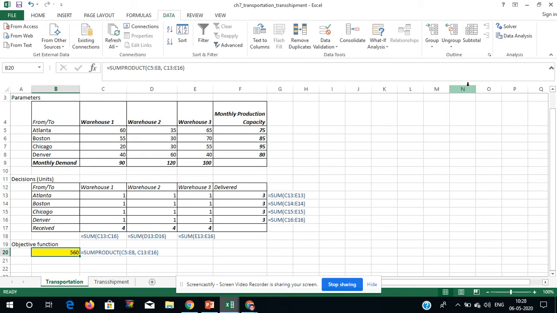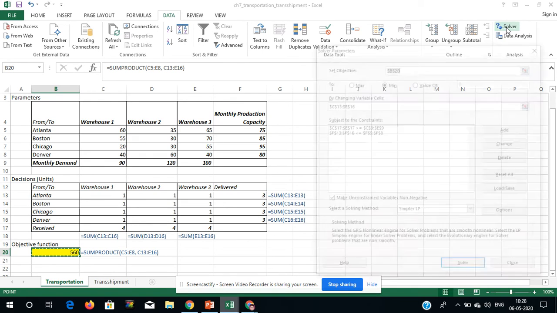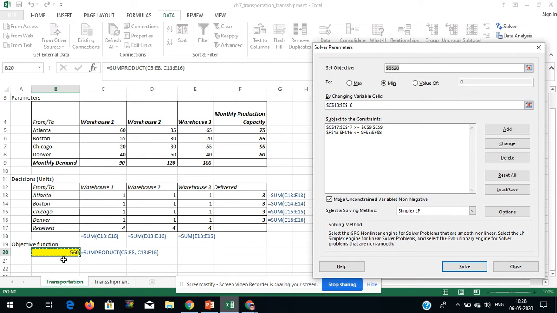So now let me see if I can solve it using the solver. Yes, this is my objective function. I want to minimize this total shipment cost, that is the shipping cost multiplied by the number of units, subject to constraints. So what is my first constraint? My first constraint is C17 to E17, which is given here.